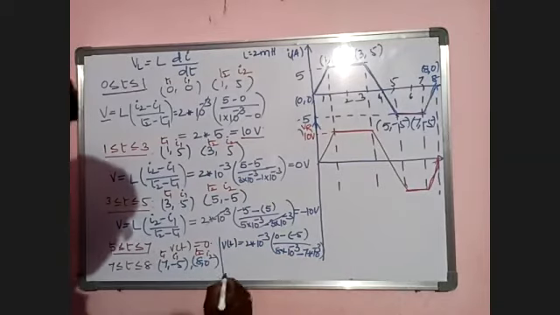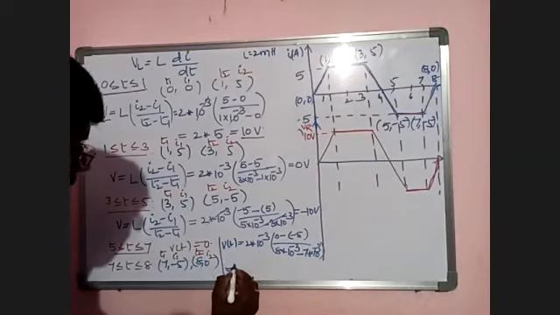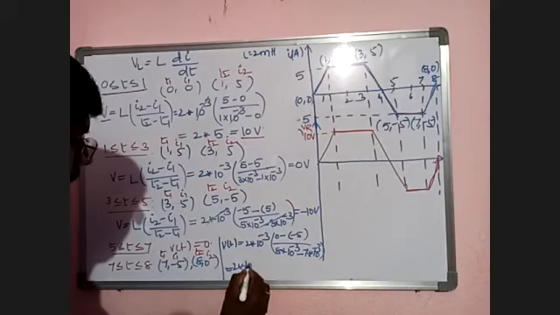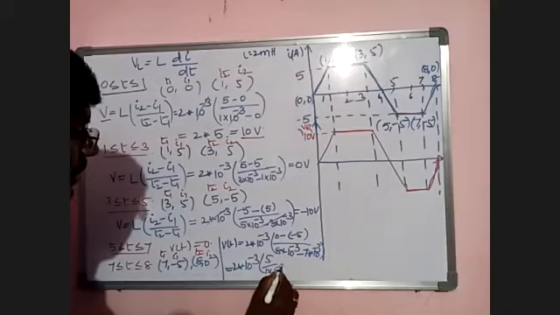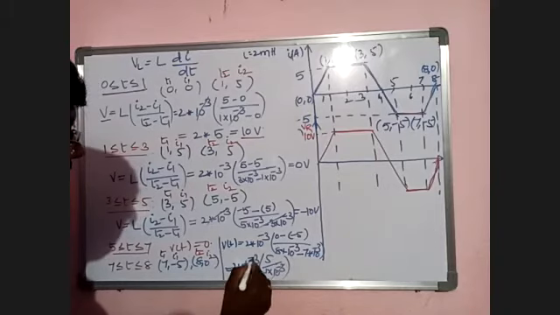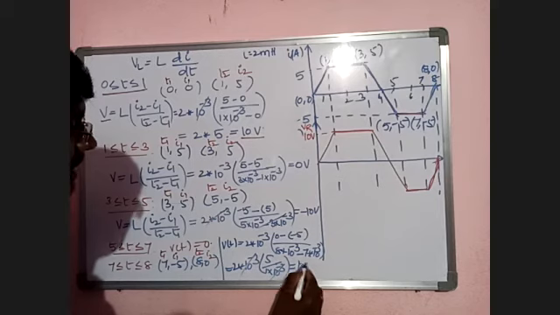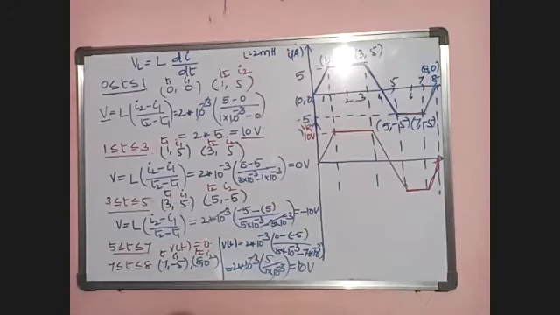This we can get as 2 into 10 to the power of minus 3 into 5 by 1 into 10 to the power of minus 3. This gets cancelled. You will get again plus 10 volts.